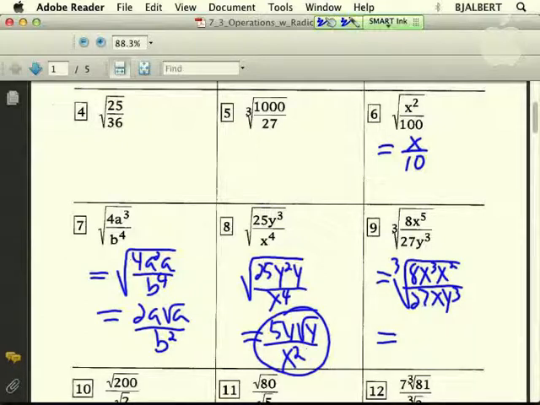Oops, the bottom. I have an x in there, it doesn't belong. Okay, so this will be 2x times the cube root of x squared over 3y.